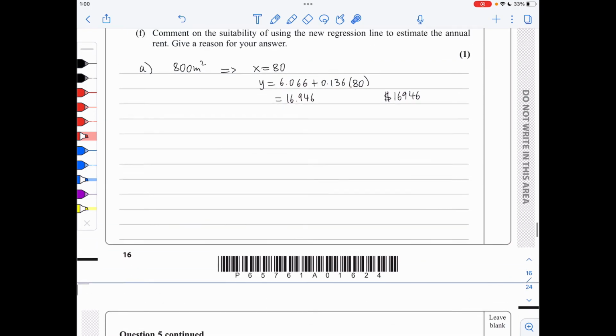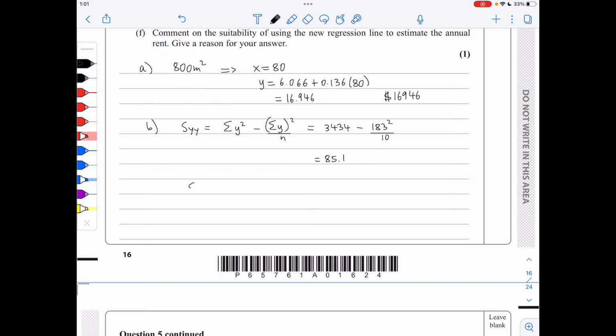In B, we need to find the value of SYY and SXX. So I will start with the definition of SYY. It is sigma y squared minus sigma y all squared over n. In our case, it's going to be 3,434 minus 183 squared over 10, which gives an answer of 85.1.